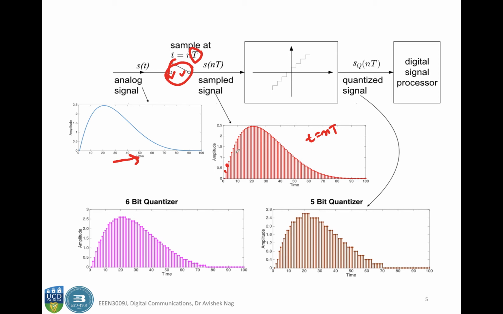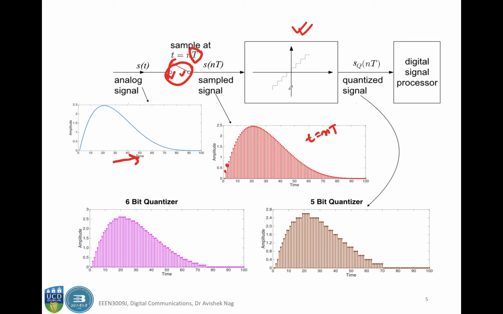You will get more or less a very close approximation of the original analog signal. And then this sampled signal is passed through a quantizer like this. What this quantizer does is take a certain fixed set of values corresponding to the input sample signal.